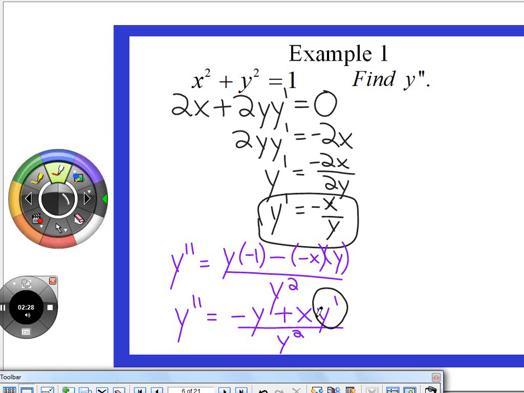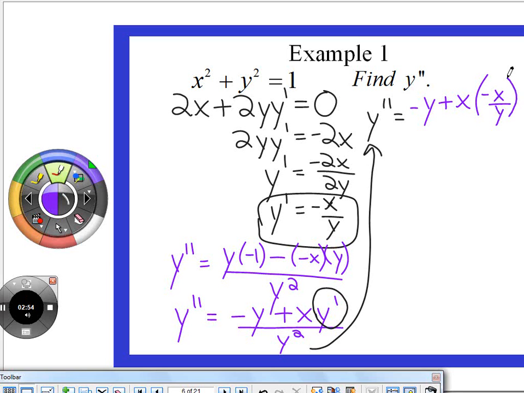So I have negative y plus x, and this is where I'm going to put the y prime: negative x over y, and then all of that still over the y squared.